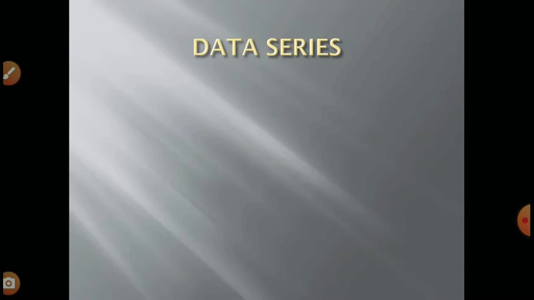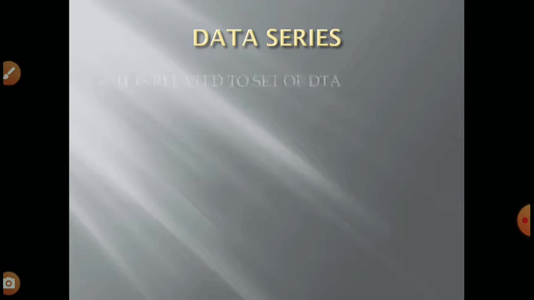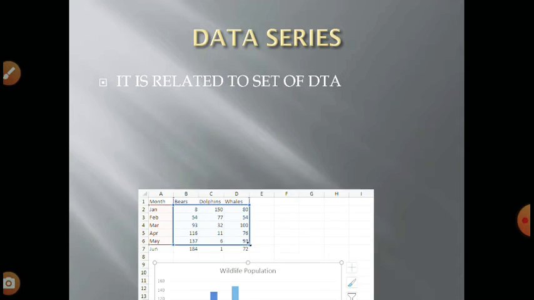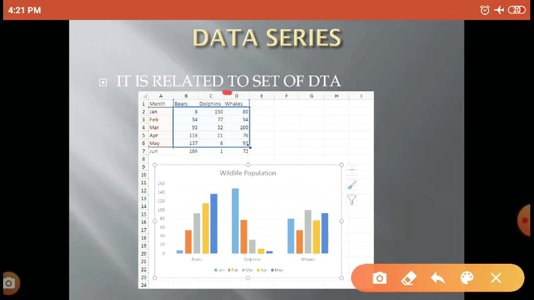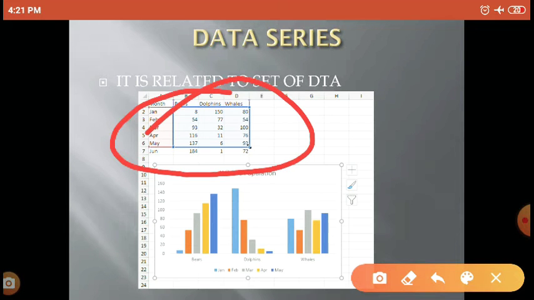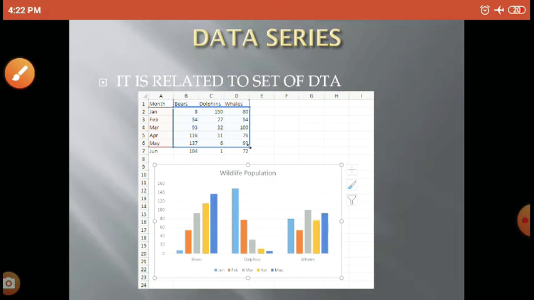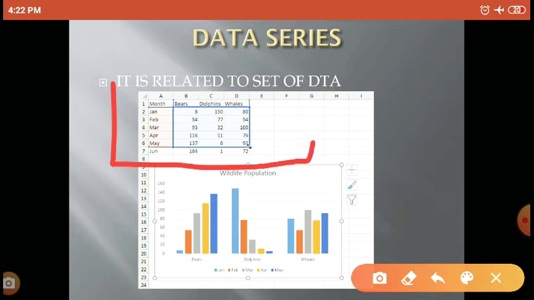Let us move forward to our next topic, that is data series. Now what is the meaning of data series? It is related to a set of data. Now let us understand with the help of the figure. Can you see this table, class? Month is there, bears, dolphins, whales.